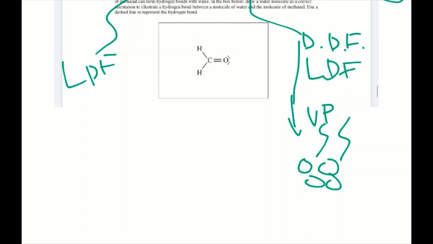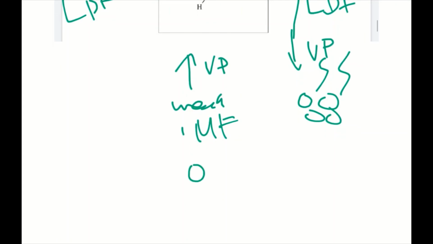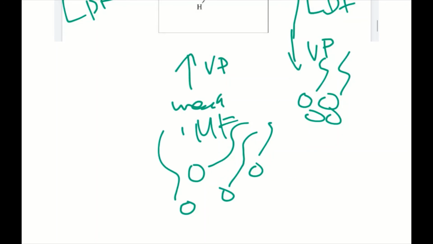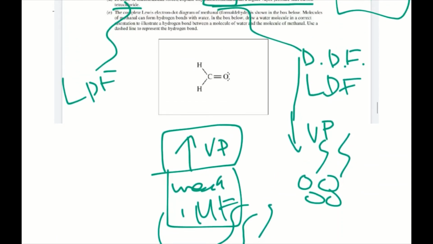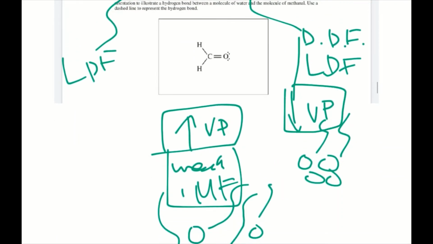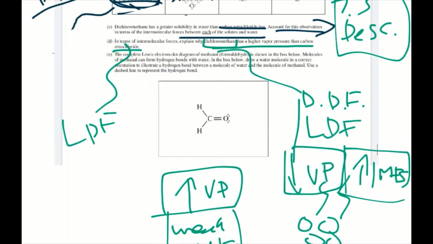Now, if you have weak IMFs, then you will have a higher vapor pressure, because for weak intermolecular forces, molecules are not held together as tightly, and because of that, they can vaporize or evaporate very easily. And because of this, higher vapor pressure corresponds to weak IMFs, while lower vapor pressures correspond to higher IMFs. Now, what's going on in this question?